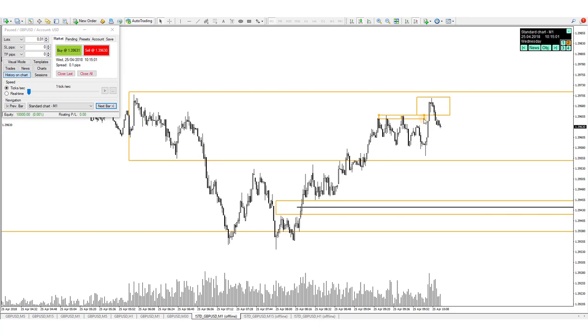Yeah, now I see the price below my equal highs zone, so it's once again bearish. But for now, no clean sign that the sellers are strong. Yes, the tick volume was pretty lower than at the top at the beginning of this whole movement.